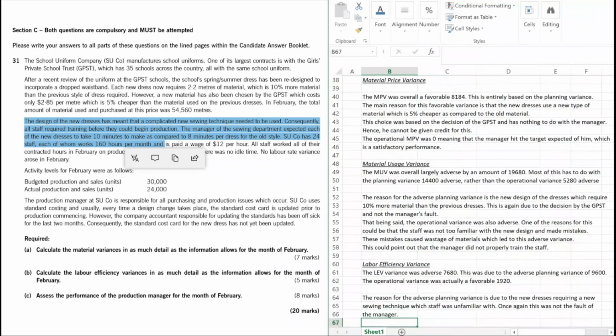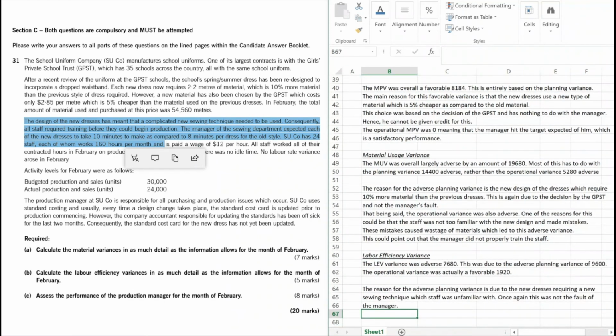So we can write that down. What is the reason that they were able to do the job faster than anticipated? The operational variance was favorable, indicating that the staff took less than the anticipated 10 minutes per dress for the new design, right?